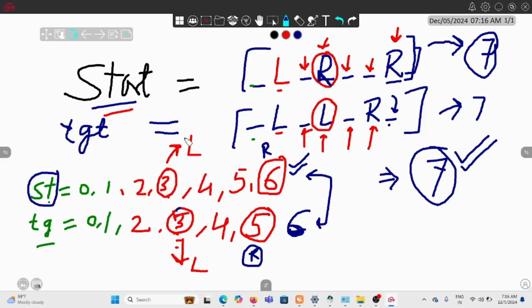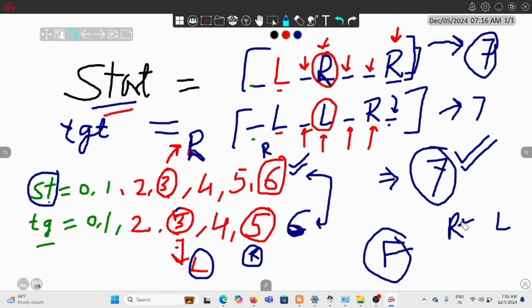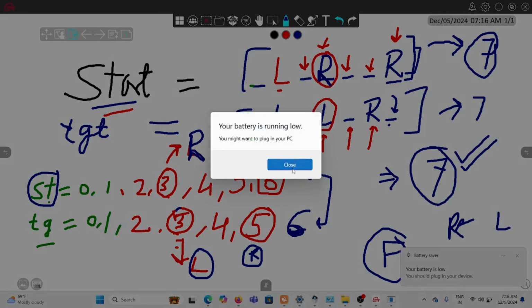This guy would be R, but in the other guy it was L. So when we found a mismatch at this location, we would have written directly false, because this would not be possible. As we know, R and L, if they are of different type, cannot pass through the operation.